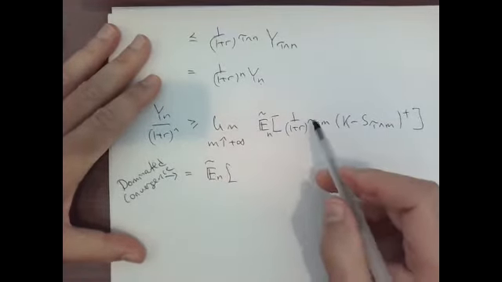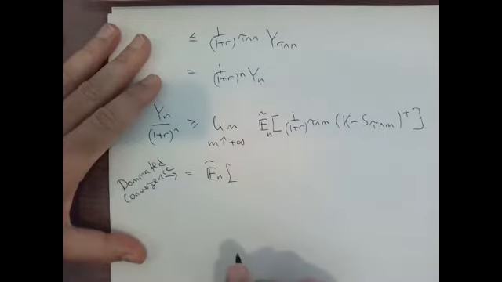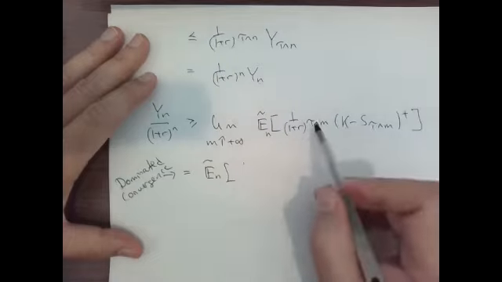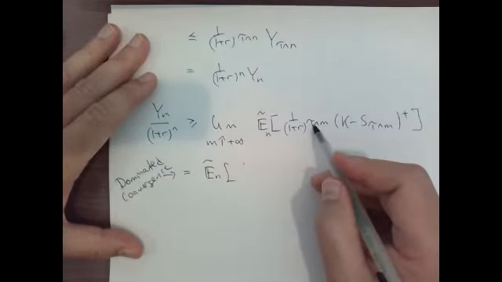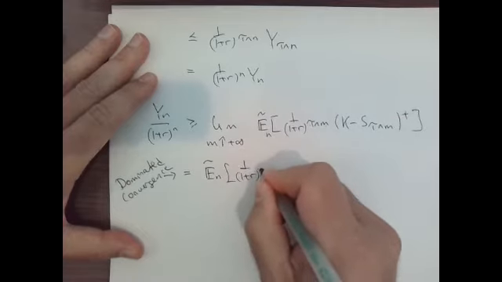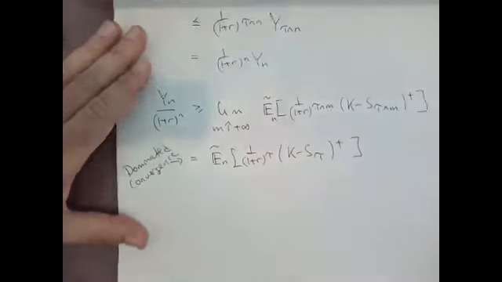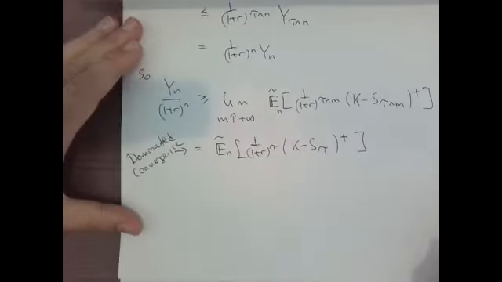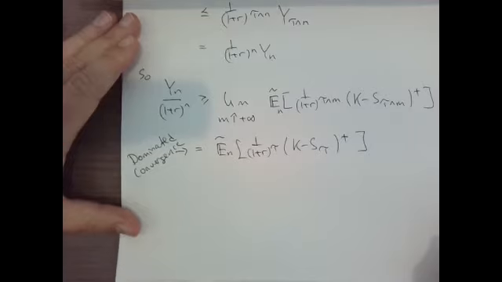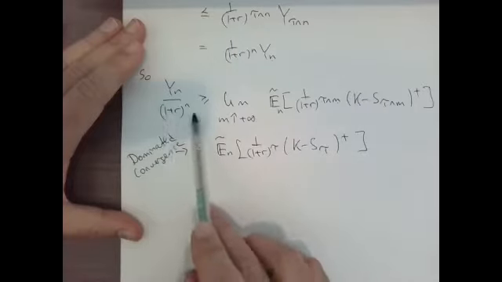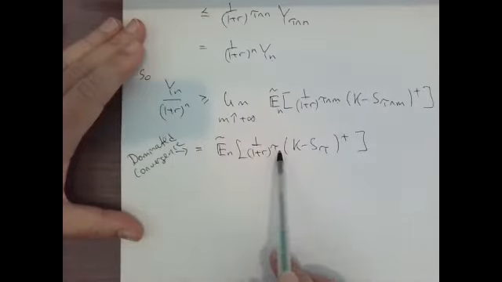And so m goes off to infinity, tau is finite. I'll get 1 over 1 plus r to the tau times (K minus S tau) positive part. And from this I can move the discount factor inside.